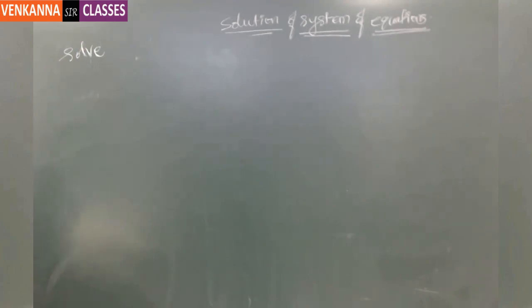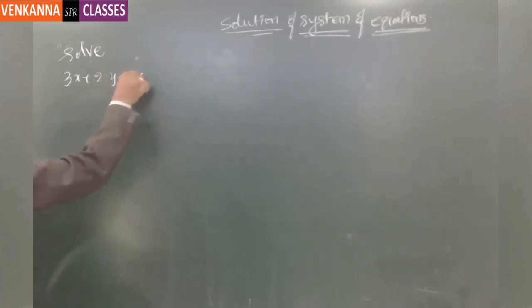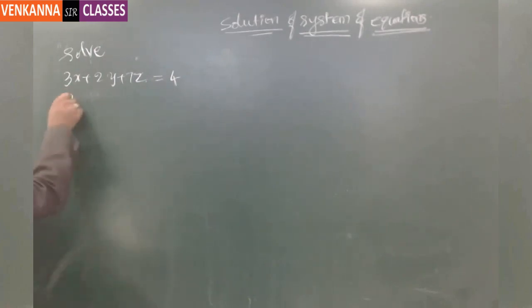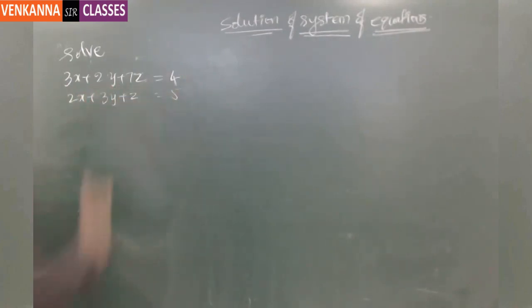So these equations are 3x plus 2y plus 7z equal to 4. And the next one, 2x plus 3y plus z equal to 5. The next one, 3x plus 4y plus z equal to 7.